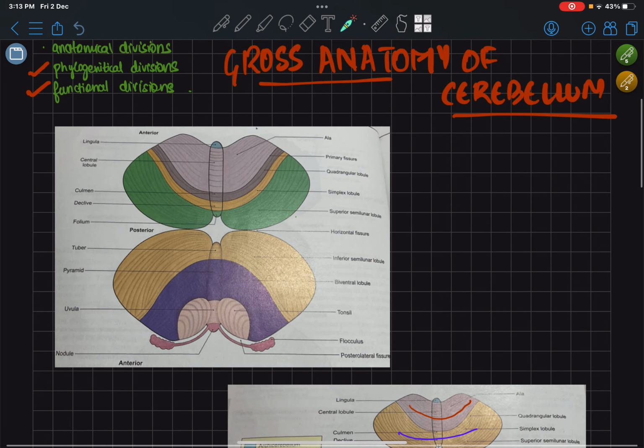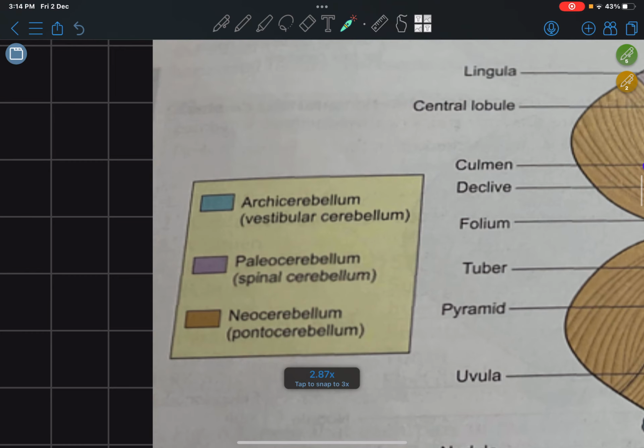Now last is the functional division. Functional division is basically the same as morphological division, but we have a separate name for it because we are naming it based on its function. So archicerebellum is also known as vestibular cerebellum because of its connections with the vestibular system. Paleocerebellum is named as spinal cerebellum because it receives connections from the spinal cord.